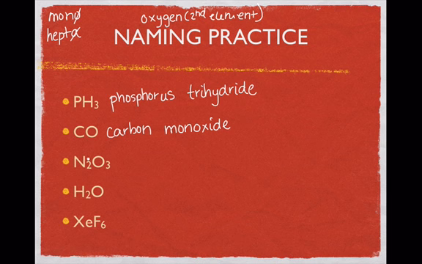So nitrogen, and there are 2 nitrogens, so I do need to put dinitrogen. I need to say that there is more than one of the nitrogens, and trioxide. All right, this is water, but if we want to do the official name of water, it would be dihydrogen because there are 2 hydrogens at the beginning.